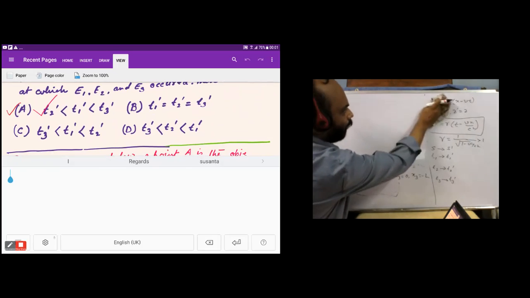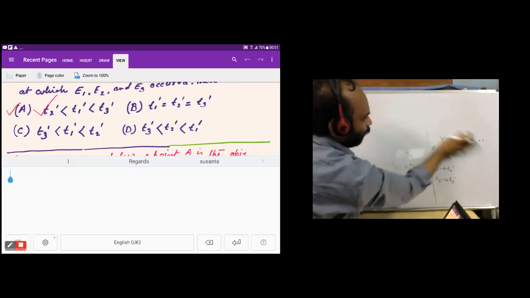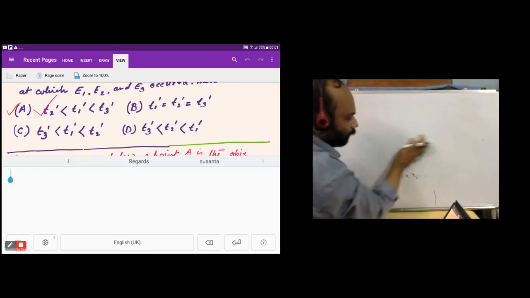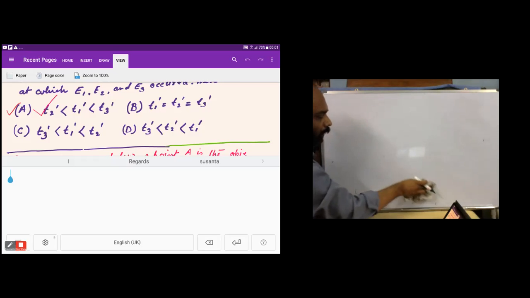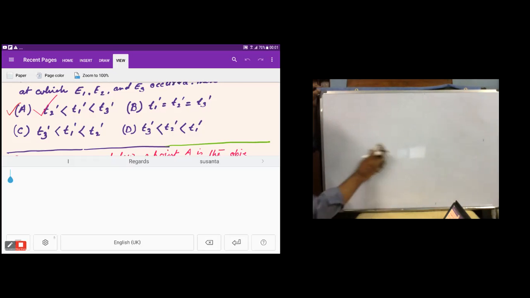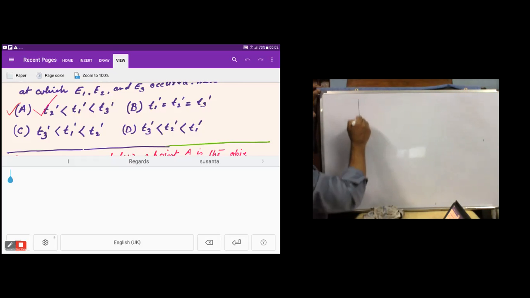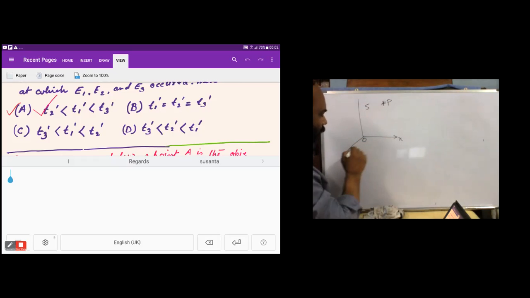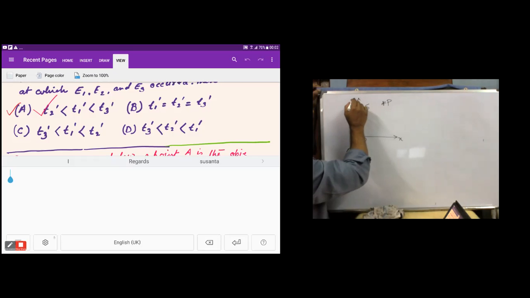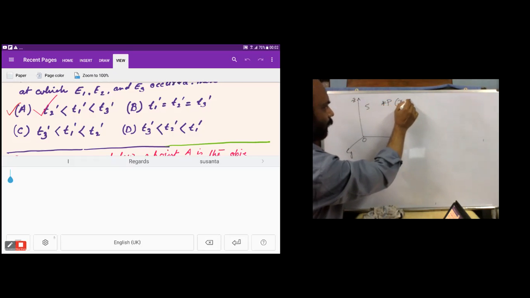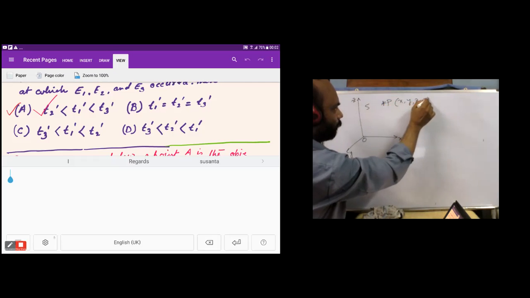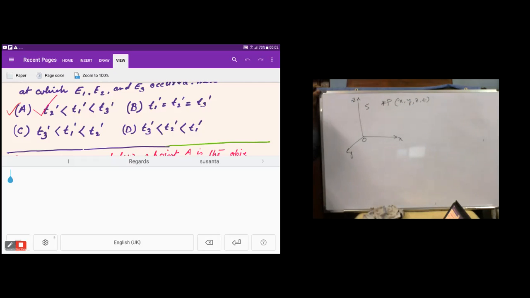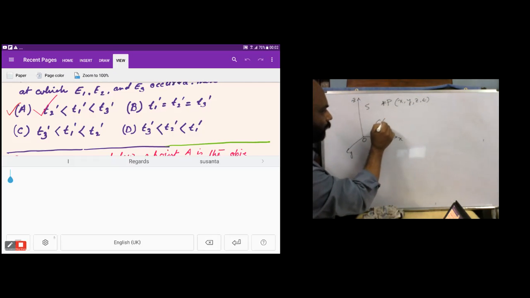Also, I just want to mention a point over here. In general, whenever we talk about a happening of an event in a space-time with respect to a reference frame, initial reference frame S, P is an event, 0, X, Y, Z. We write our space-time coordinates as X, Y, Z, and T. But here it is given CT.